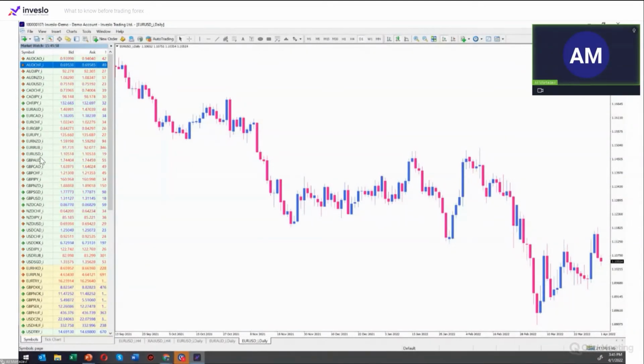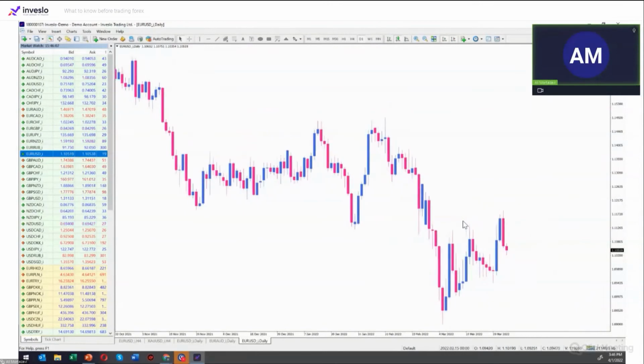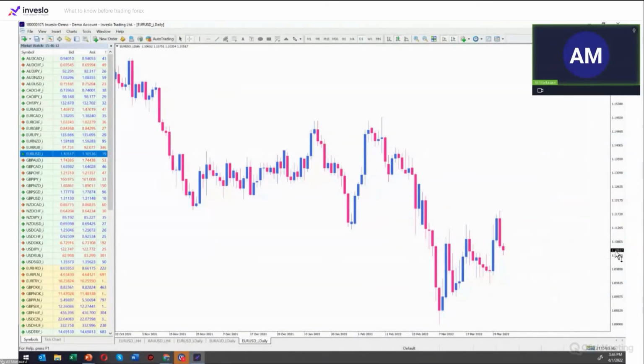Here I have the euro USD on my chart on a daily time frame. Yes, for example here you see this is a quoted price. It means each euro is worth about $1.10.